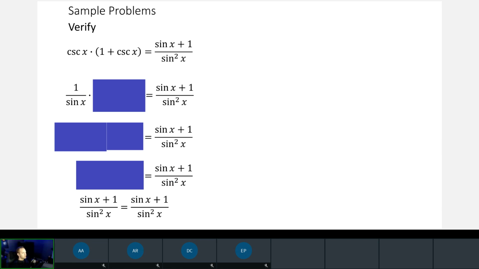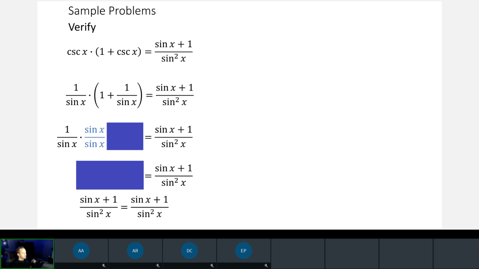And then cosecant again is 1 over sine. And then we want to distribute the fraction times 1, the fraction times the other fraction.